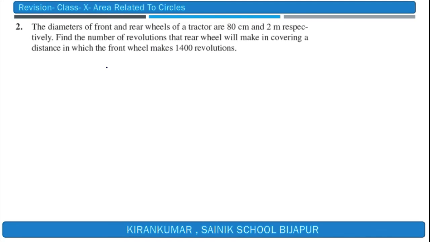Here, whatever the distance traveled by the front wheel will be the same as the distance traveled by the rear wheel. Here, the front wheel has the radius equal to 80 centimeter. In terms of meter, it will be 0.8 meters.